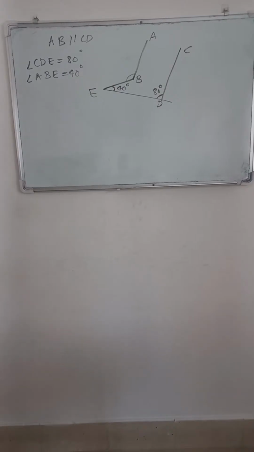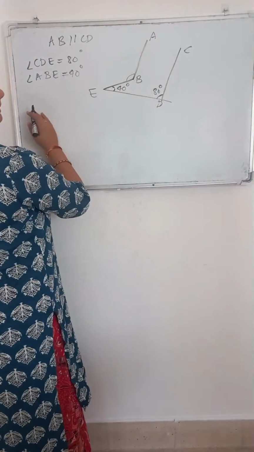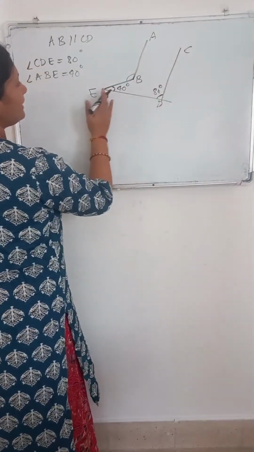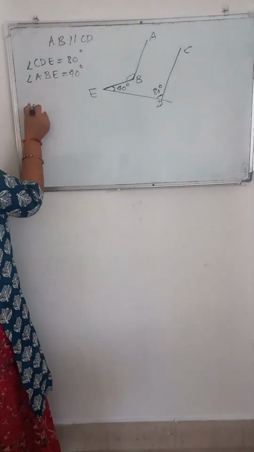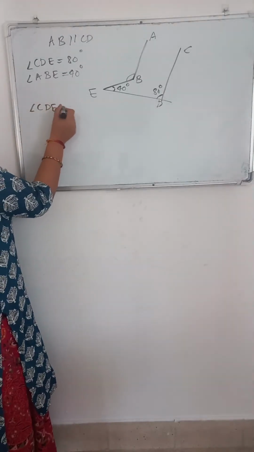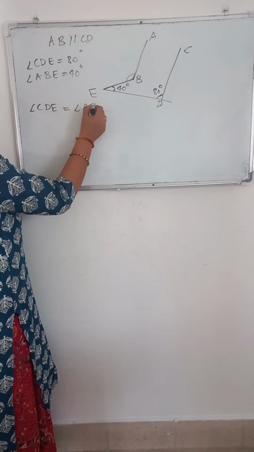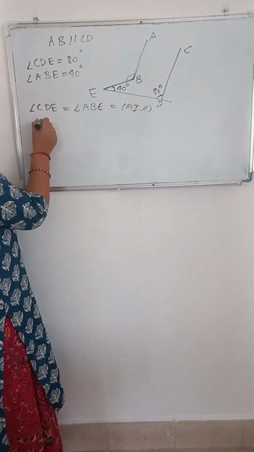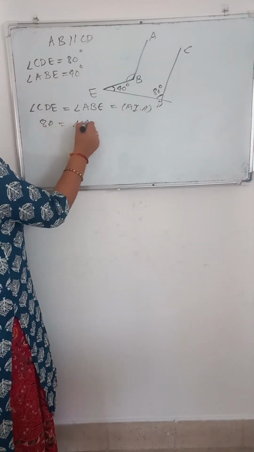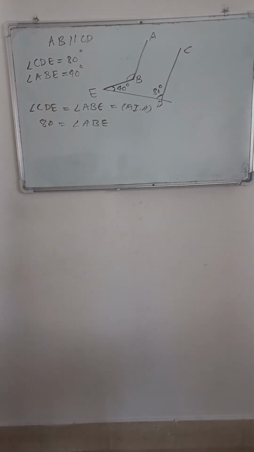So we can write CDE is equal to angle ABE, as they are alternate interior angles. Here CDE is 80 degrees, then angle ABE is also 80 degrees. So we get angle ABE as 80 degrees.